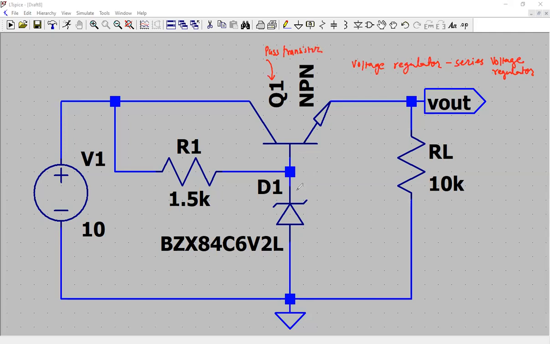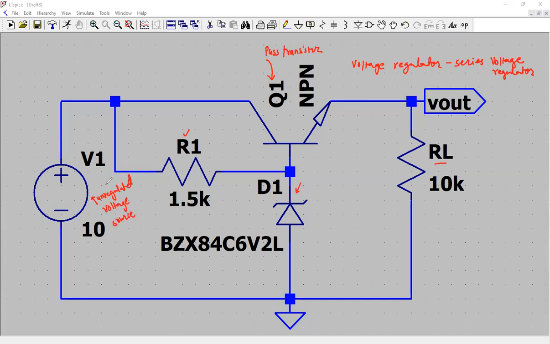And what we see here, there is a Zener diode and we have a load resistor RL and we have a resistor R1 which is an input series resistor, and we have this unregulated voltage source.